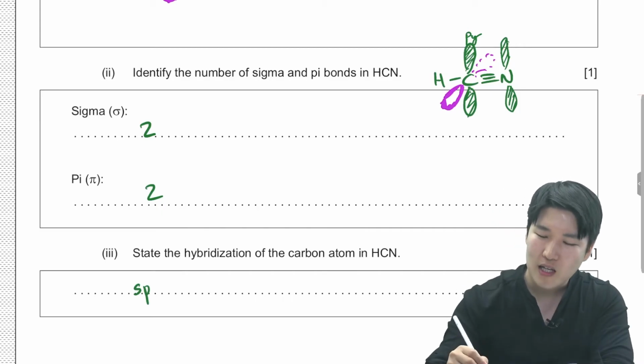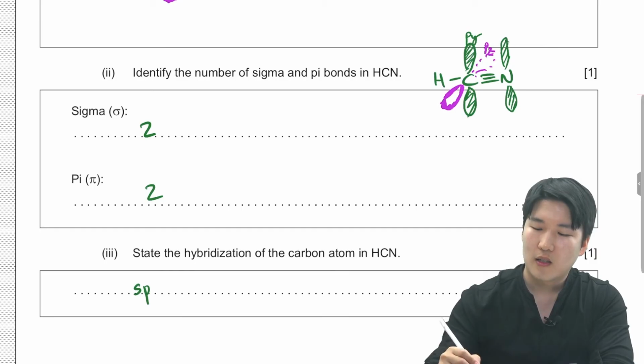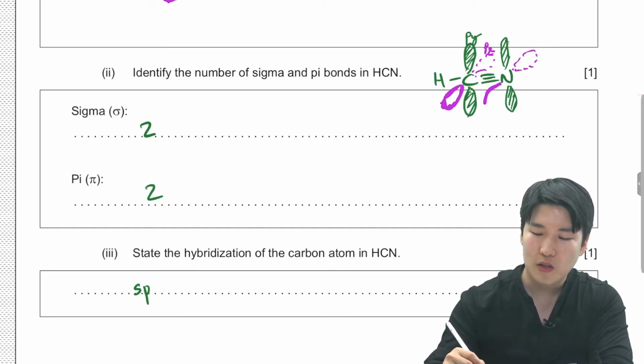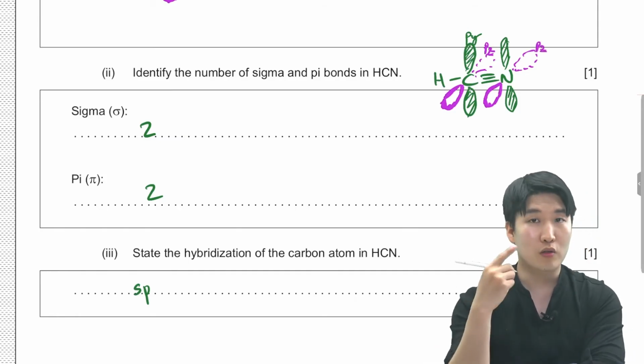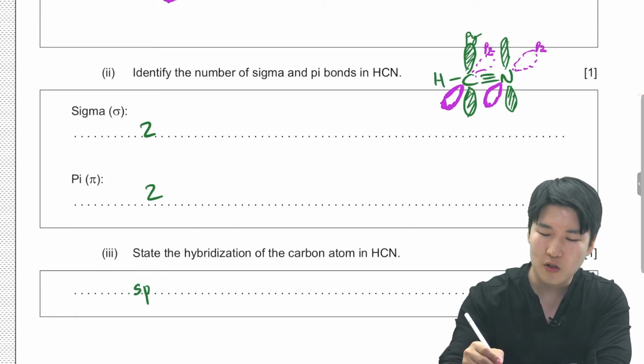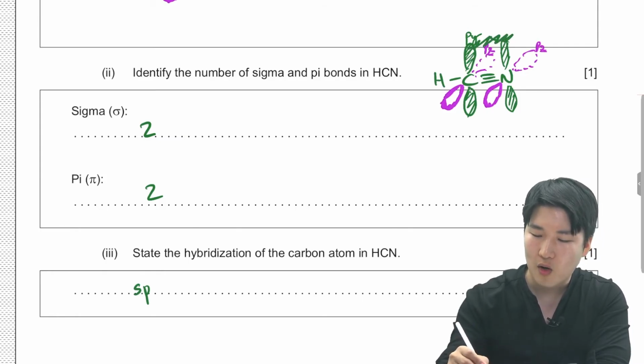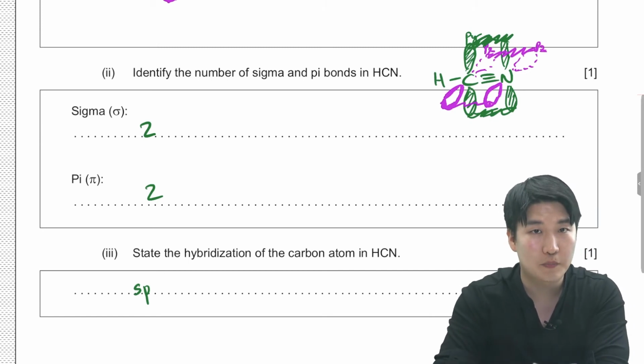Now let's represent that as pz of carbon, and another pz of nitrogen can be drawn as follows. And where are the 2 pi bonds? The first pi bond arises from the overlap of 2 py's, the second pi bond from the overlap of the 2 pz orbitals.